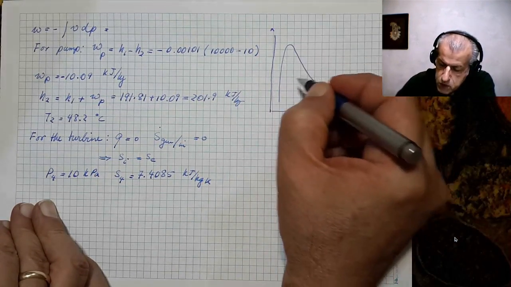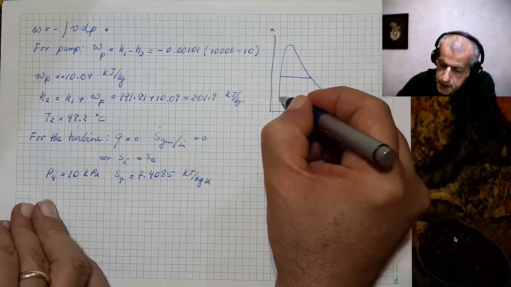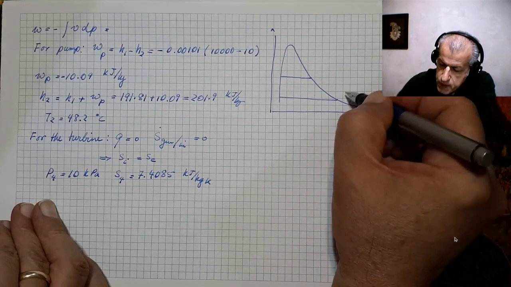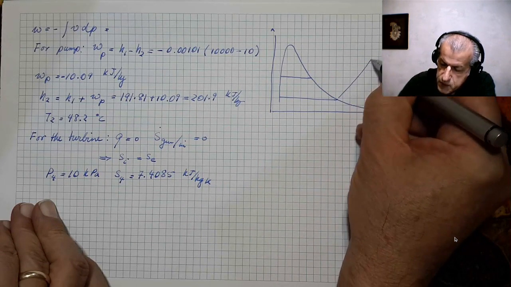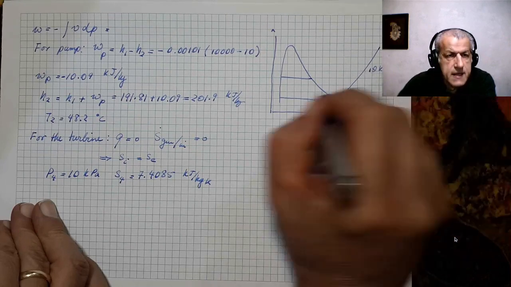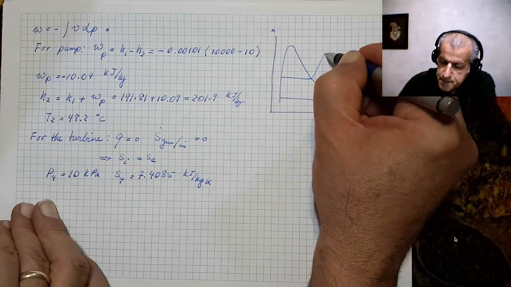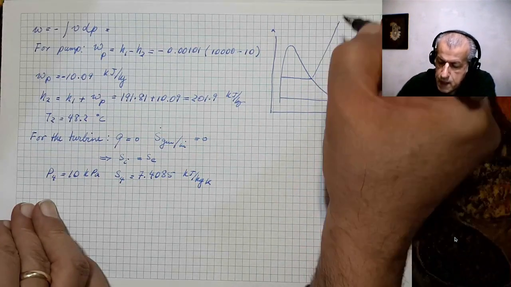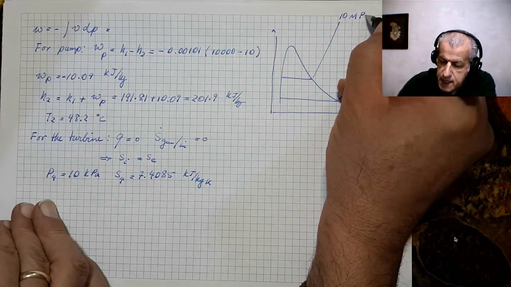This time I would draw the lines. This is the 10 kilopascal line, and this is the 10 megapascal line.